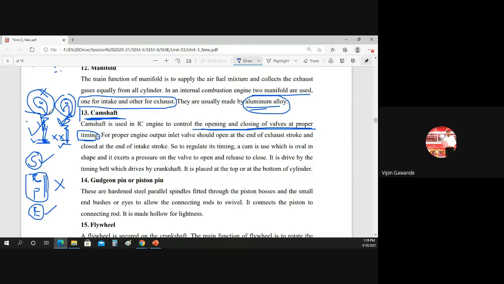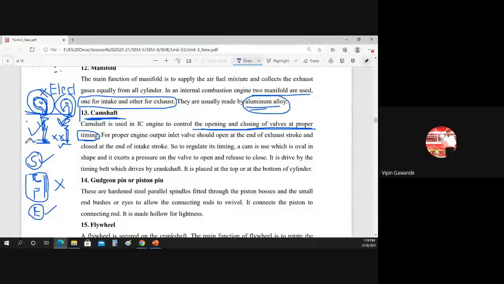In the older cars, we used to use this camshaft mechanically. But now in modern cars, we have electrically operated valves. So there is a fixed timing for these strokes. Okay, so they sense these strokes. Sensors are fitted. They will sense the suction stroke and exhaust stroke.